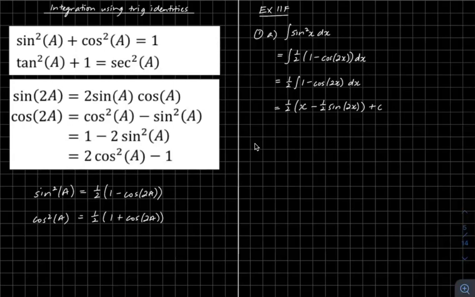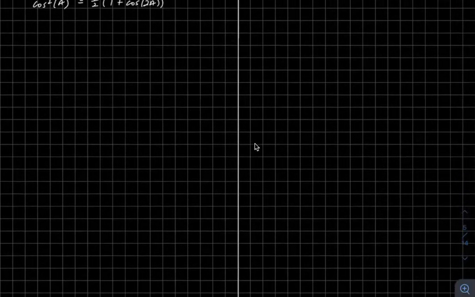Alright, let's consider one more example in this video, and like I say, there's so many different possible examples, but this is one where we'll actually use both one of our trig identities and also a change of variable. This is a fairly classic one, and let's do an odd power. So this is from the exercise. We've got an odd power of cos, so cos cubed x dx.